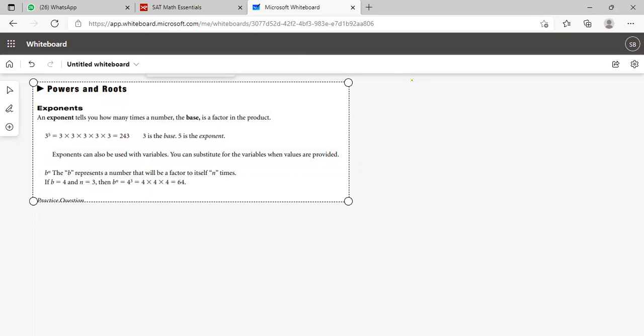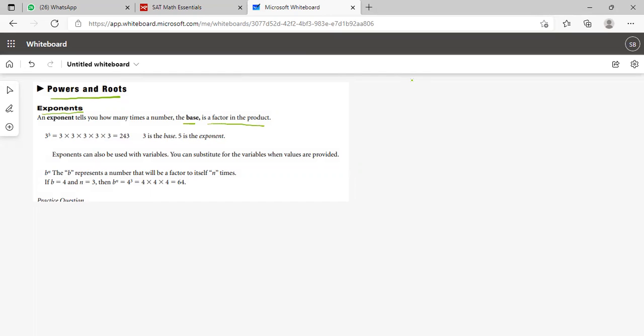Okay. So powers and roots, exponents. An exponent tells you how many times a number, the base, is a factor in the product. 243 is the product. 3, 3, 3, 3, 3, all these are factors.